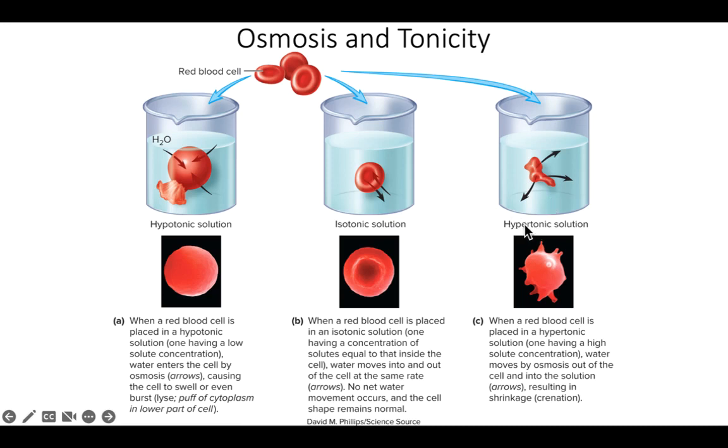Hypertonic means high solute. It's kind of like putting cells in salt water. If you put this cell in highly concentrated salt water, the water now, instead of going in, goes out of the cell because water is going to go towards higher solute or lower water.